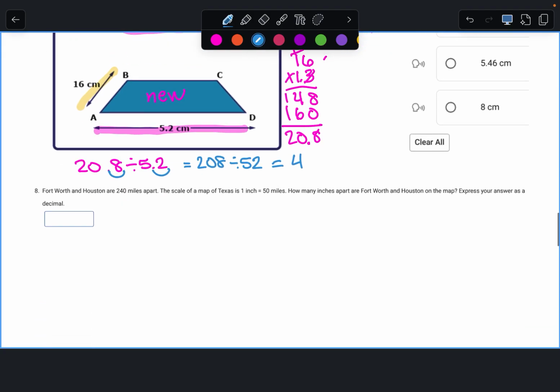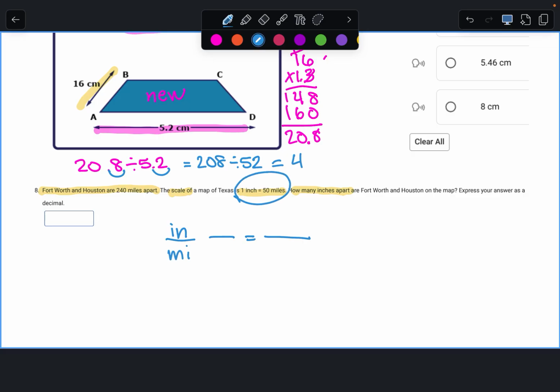All right, on the last one. Fort Worth and Houston are 240 miles apart. The scale of a map of Texas is 1 inch equals 50 miles. So how many inches apart are they on the map? So I'm going to set up my proportion. My labels are inches and miles. And this is my given information: 1 inch equals 50 miles.